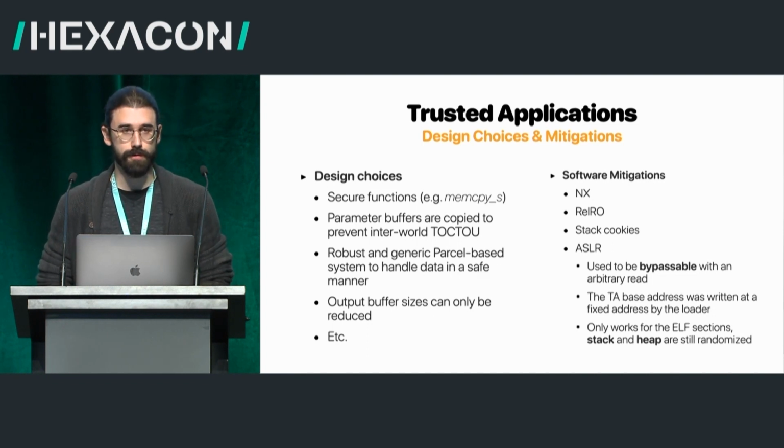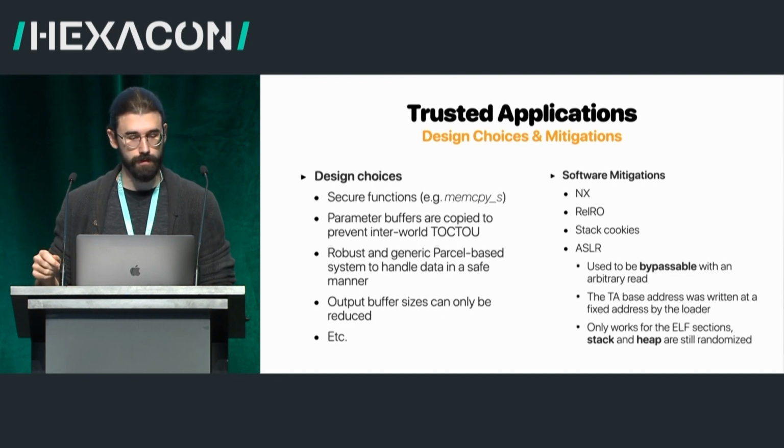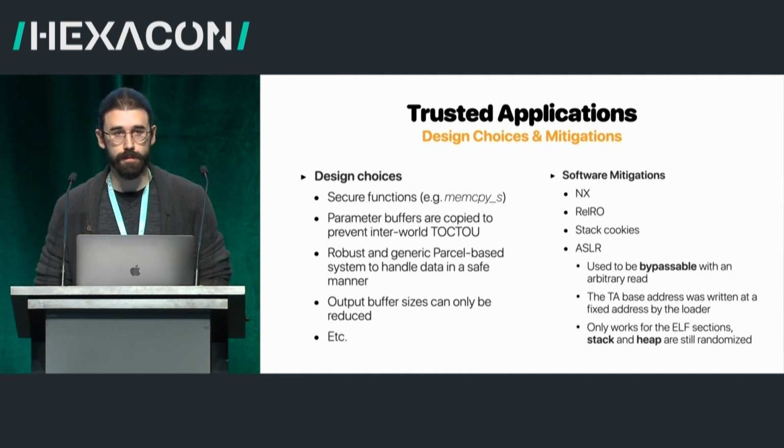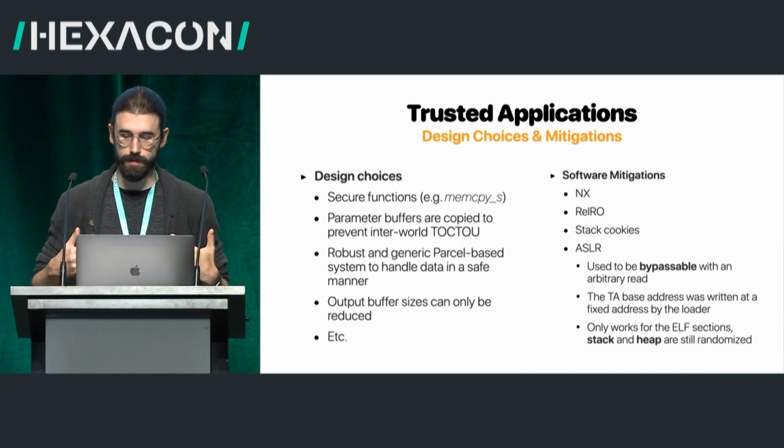They also copy the buffers they receive from the normal world to prevent time-of-check, time-of-use vulnerabilities between the worlds. They also sometimes implement a parcel-based system like the one you see in Binder, for example, and it's very useful to prevent memory corruptions because it allows you to handle user data and structures securely.